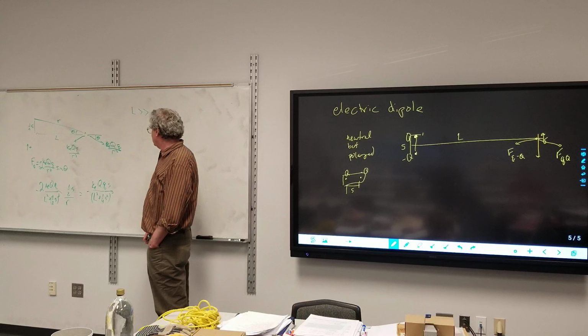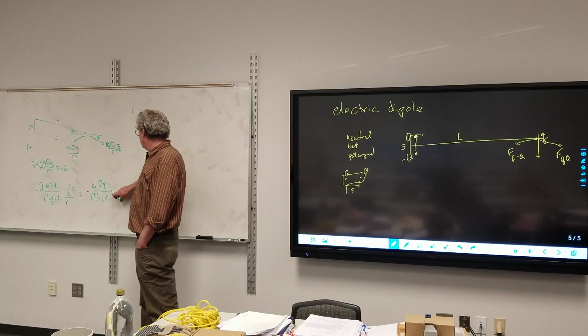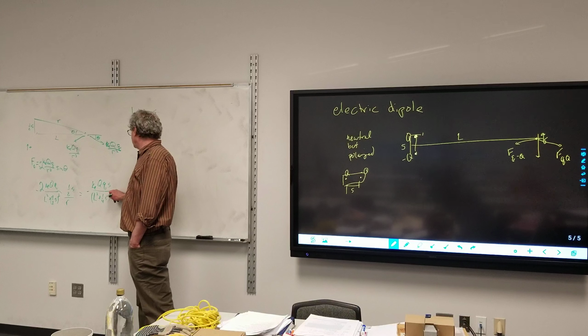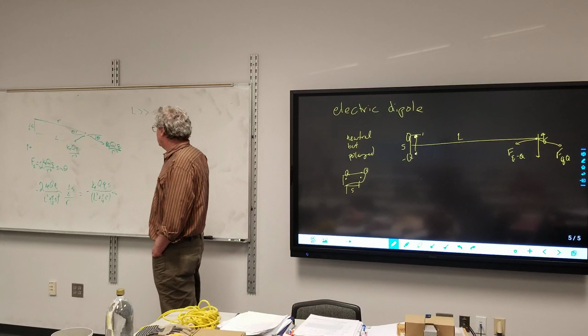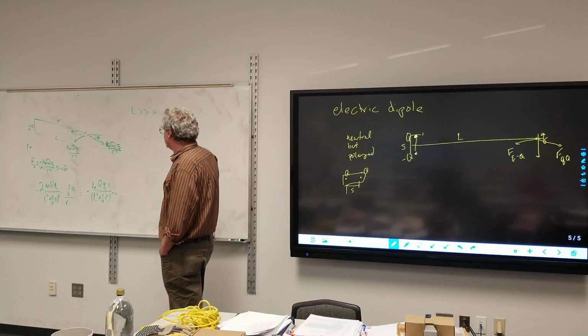Just a second. R squared, denominator there. That's 3/2. Because that's r cubed. R is the square root, so yeah, this should be the 3/2.